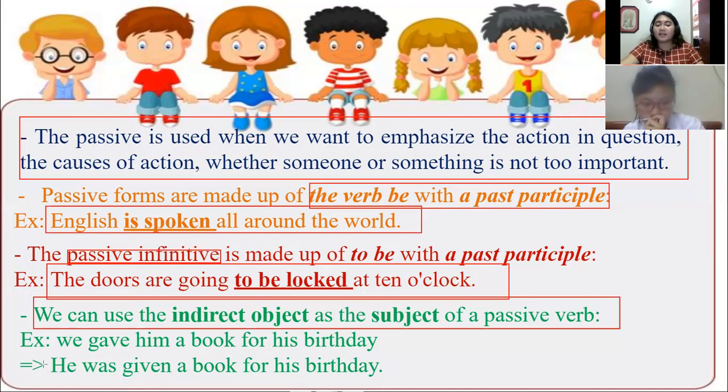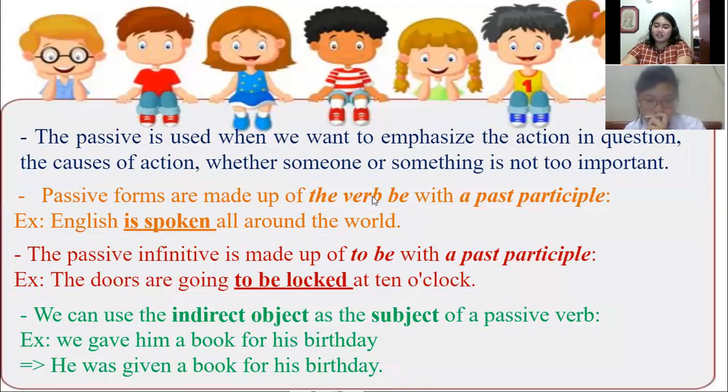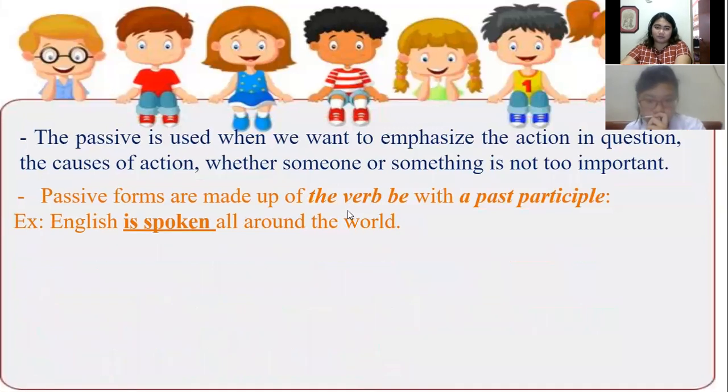It's indirect because it's another person saying that it's his birthday. For example, he was given a book for his birthday. So someone is telling that the person received a book for his birthday. Did you somehow get it? Okay, very good. So this is just a review.